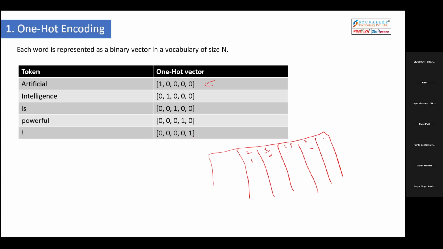One hot encoding is nothing but converting or representing your word into the binary vector format. So if you want to represent your text in binary format, you can go with one hot encoding.